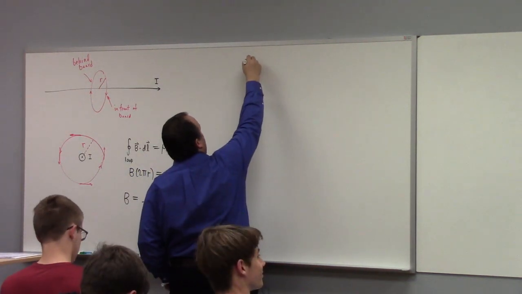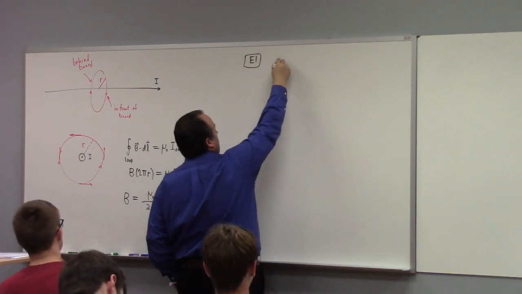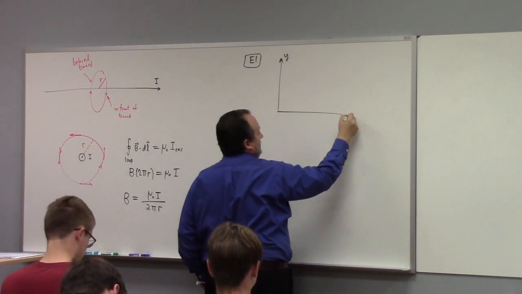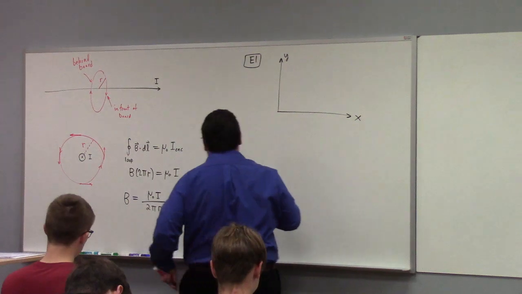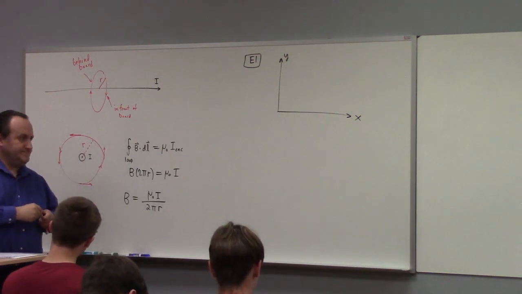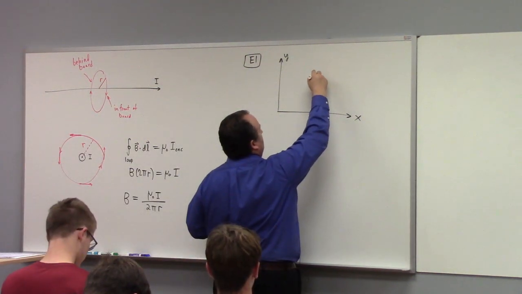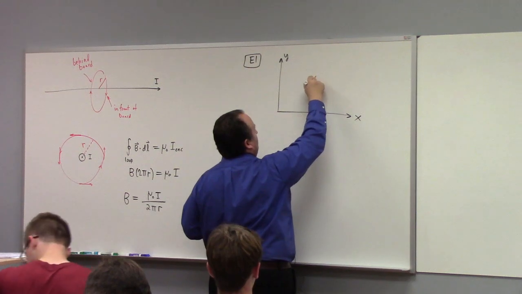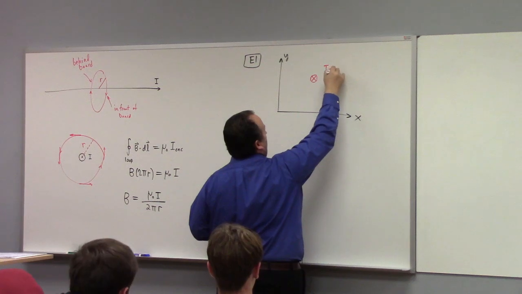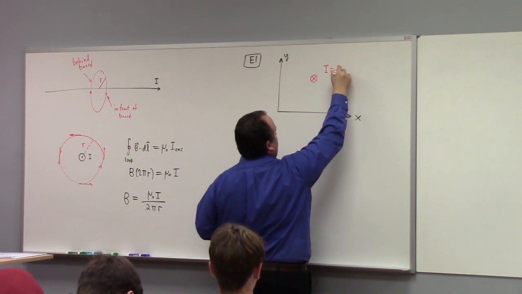Let's see here, so example 1. Here's y, here's x, and we'll imagine that we have a current going into the page right here, 3.0 amps.